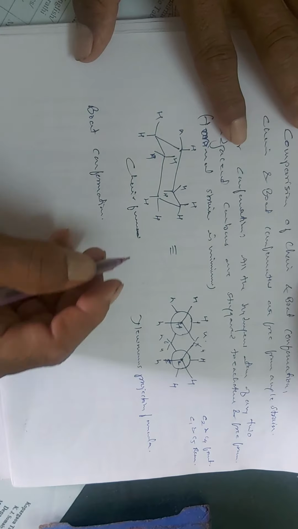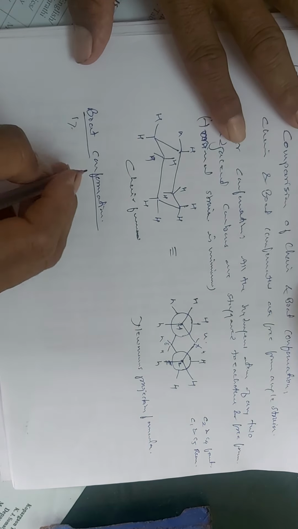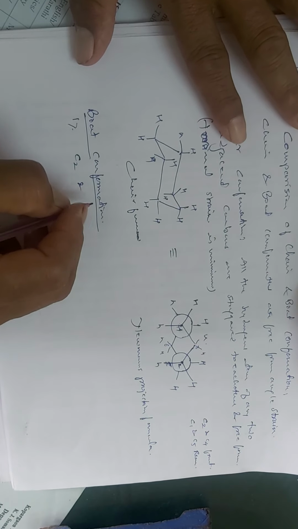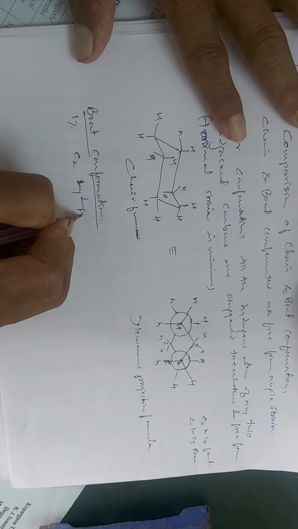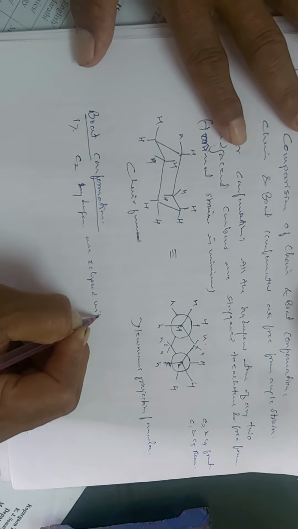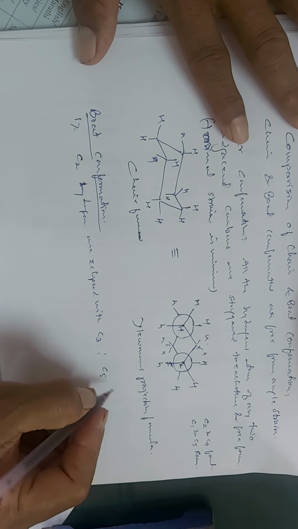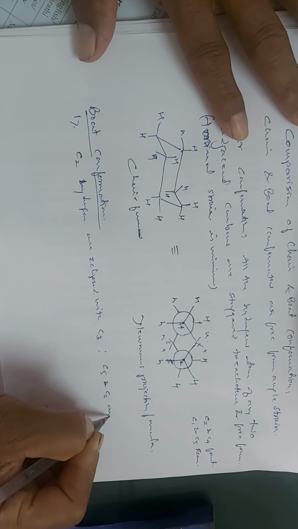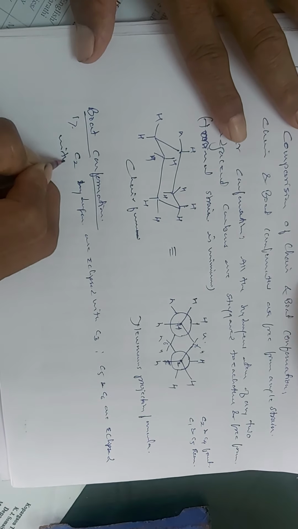Though it shows high energy, this high energy is due to the fact that the hydrogens of C2 and C3 are eclipsed, and in the same way hydrogens of C5 and C6 are eclipsed with each other.